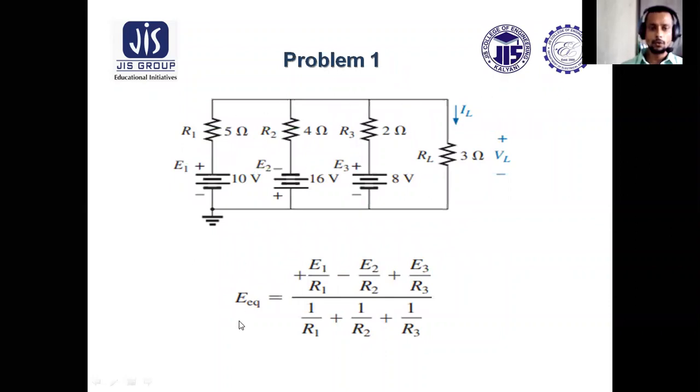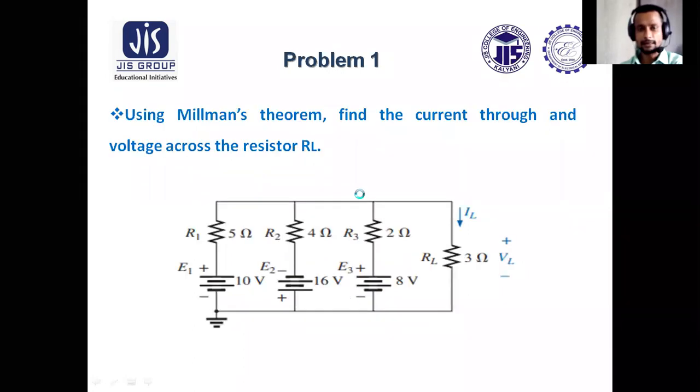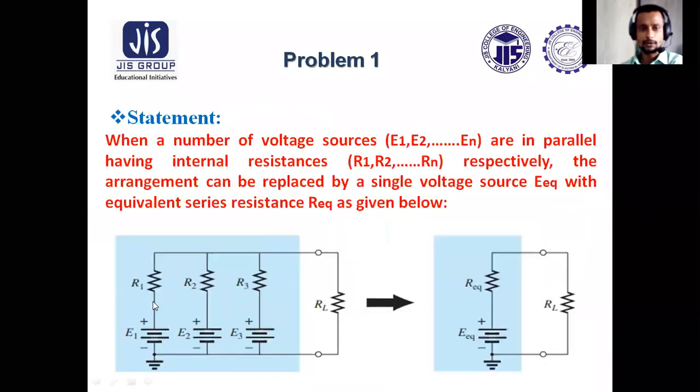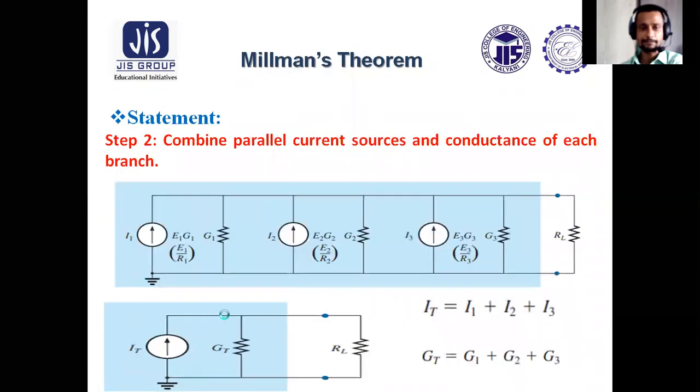Now, what was the final EQ formula we have got? E1 by R1, E2 by R2, E3 by R3, addition or subtraction of all these. Now, E1 is upper plus, lower minus. E3 is upper plus, lower minus. In the given circuit which was explained, all are plus on the upper plate.